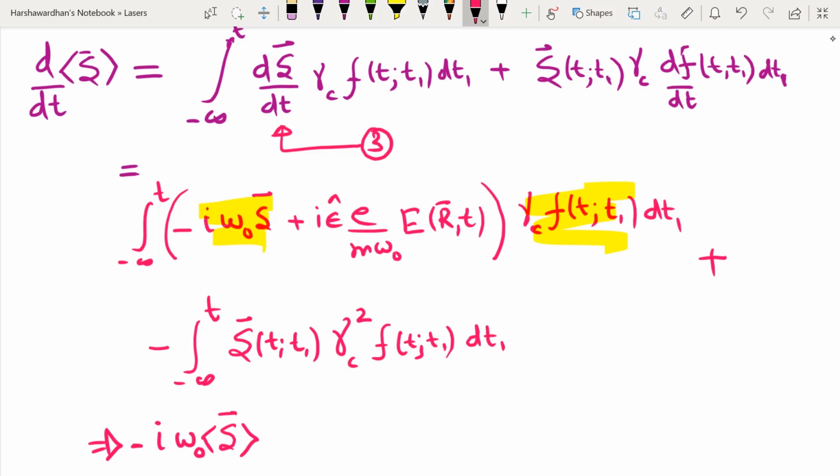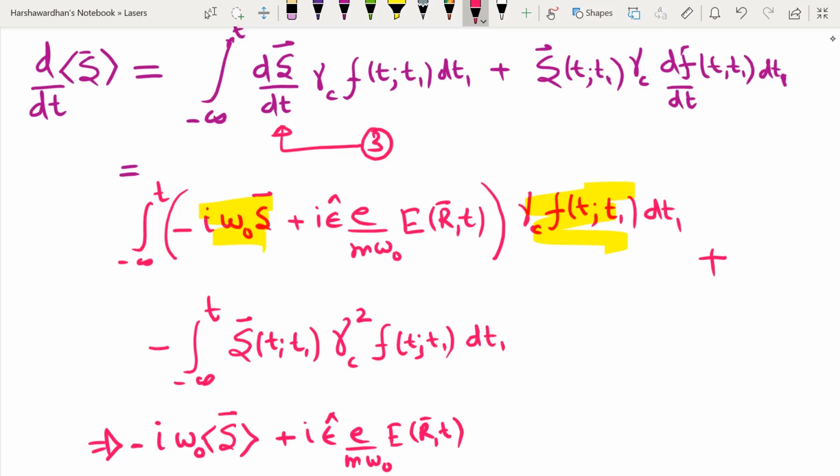The second term is going to be plus i epsilon e by m omega naught, and the integration will give me just 1, so this simply remains as E of r, t.